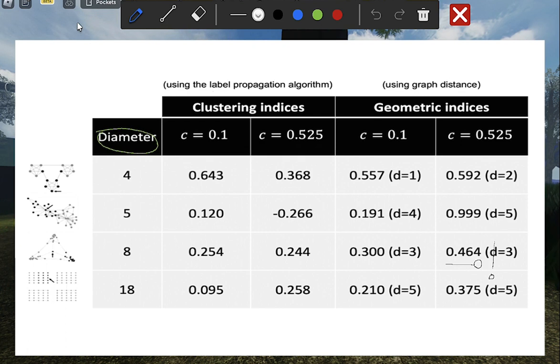The clustering indices are based on the label propagation algorithm.